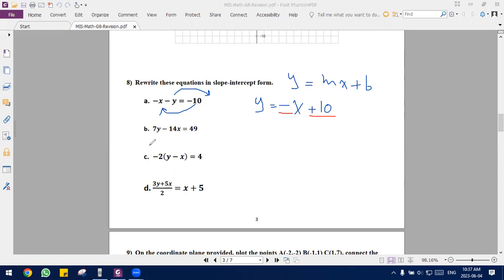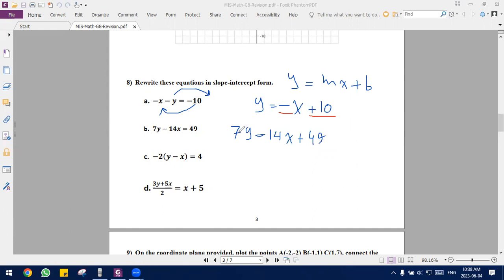Now for the second part, part B, y is positive, so I will leave it on this side, 7y. And I need to get rid of x, so I will take it to the other side. So it will be 14x plus 49. Now I don't need 7y, I need y.